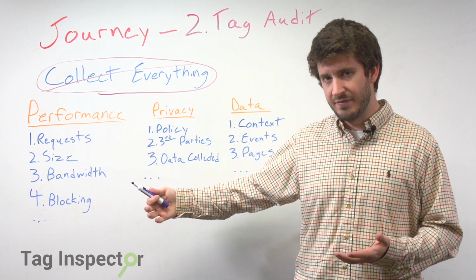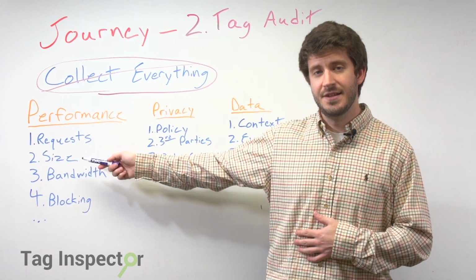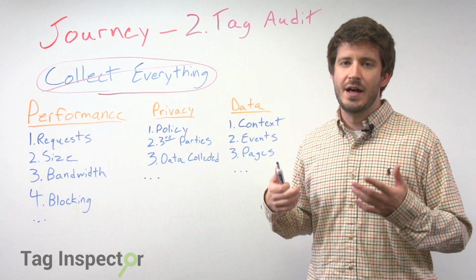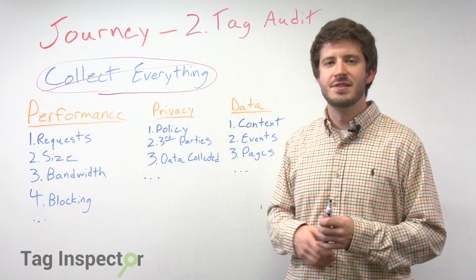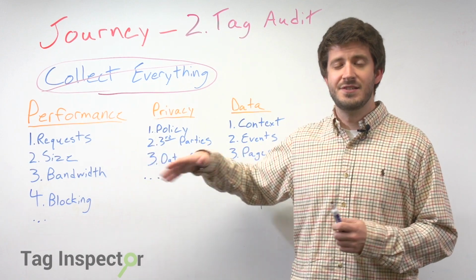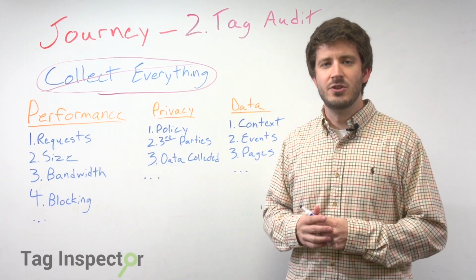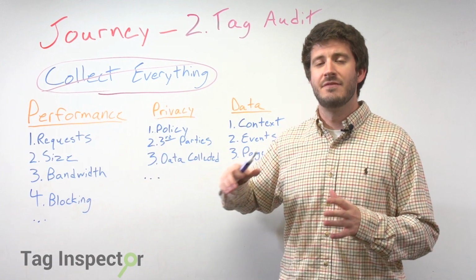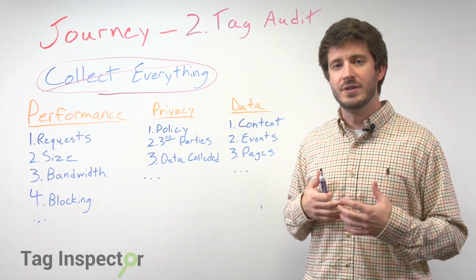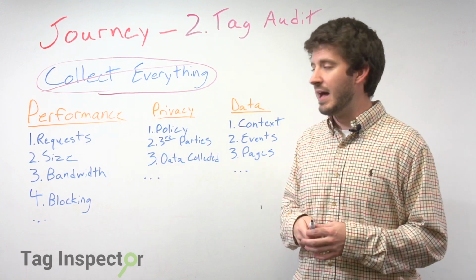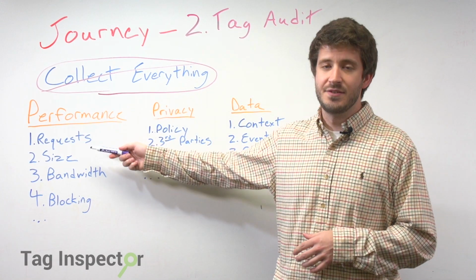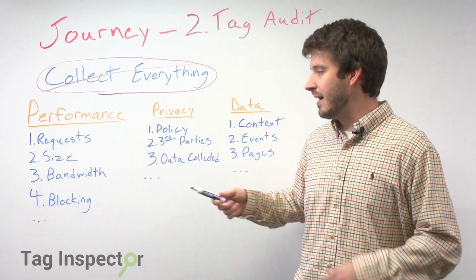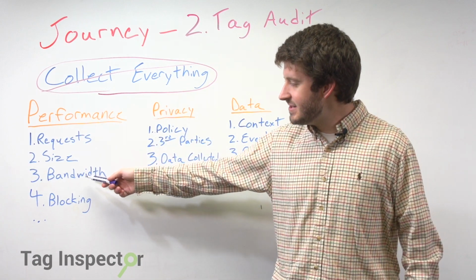Is that potentially affecting performance? We need to know the size of those requests. The one fixed piece in the entire performance puzzle is the bandwidth that the user has. There's a limit to the amount of data that can be sent and pulled down by each tag, by each platform. So we need to know the size of the requests and how those add up together. That plays into the bandwidth.